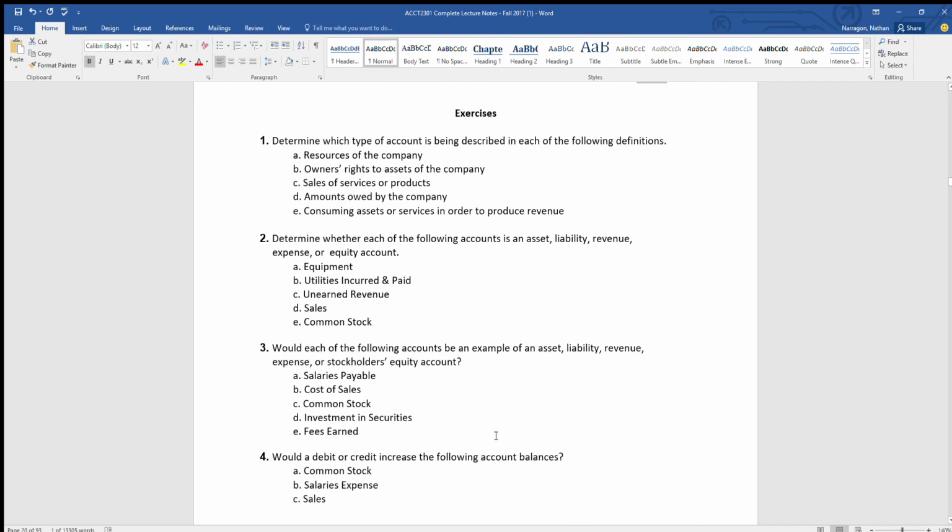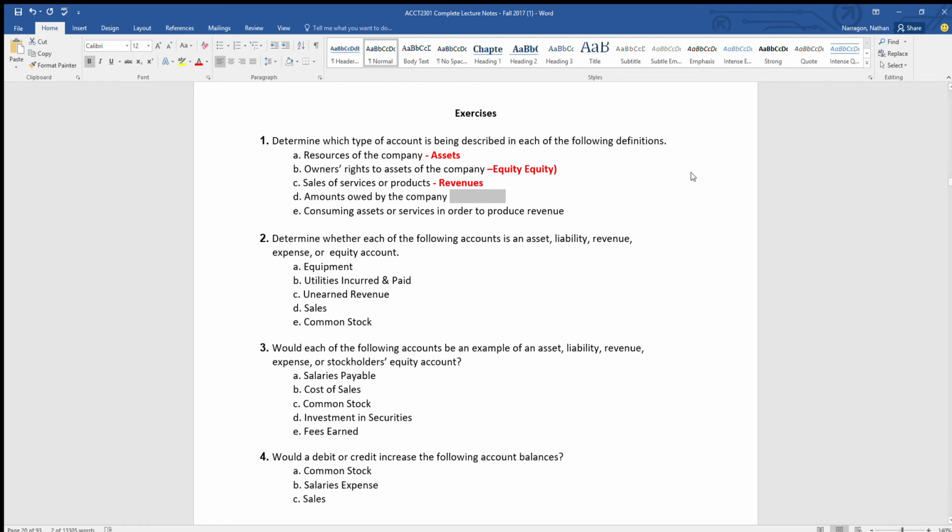Here, determine which type of account is being described in each of the following definitions. Now these are a little bit tougher. So, resources of the company. Well, that is going to be an asset right off the bat. Owner's rights, that's equity. Sales of service or products, that's revenue.